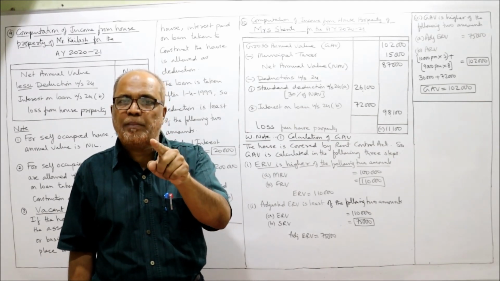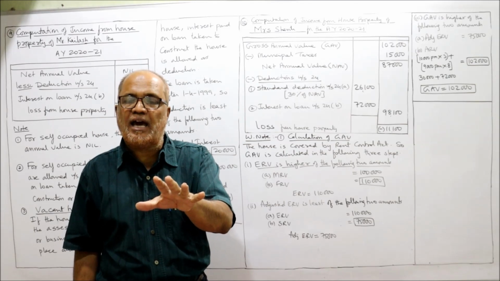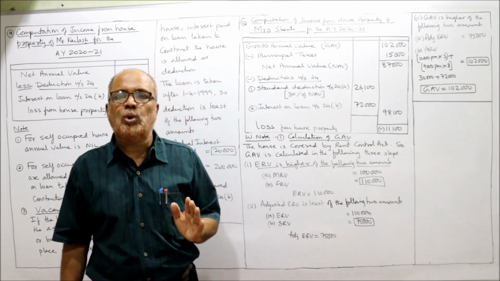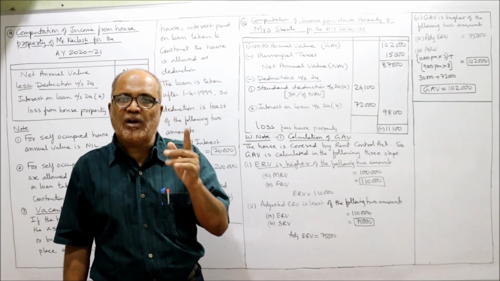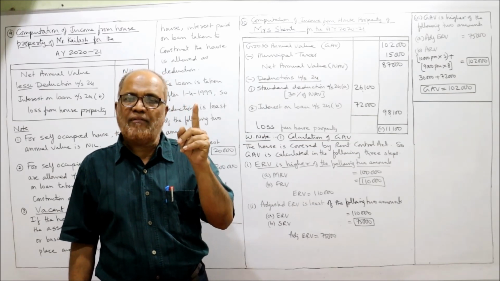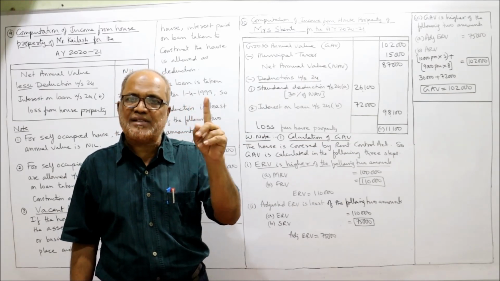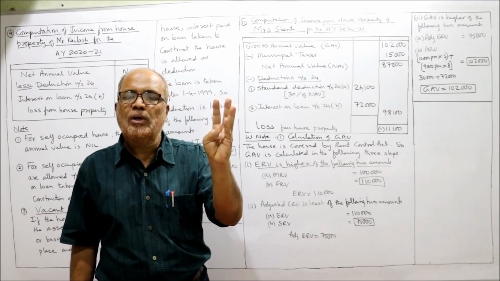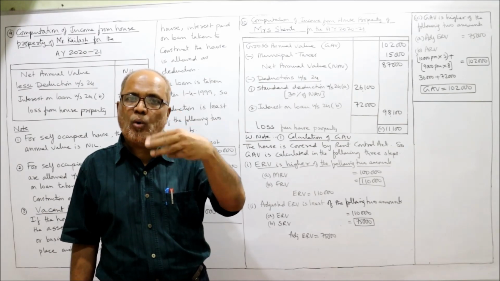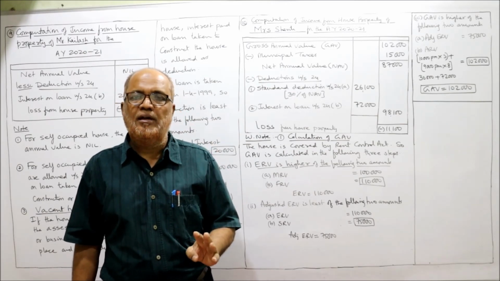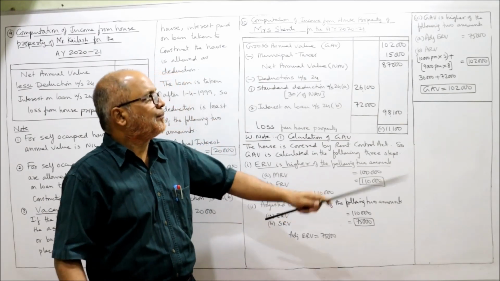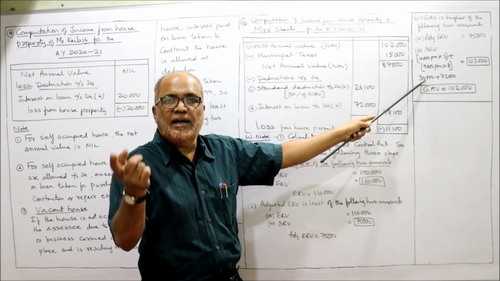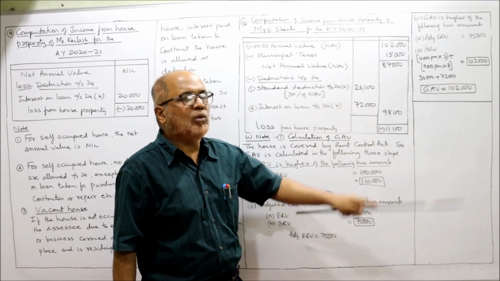She has not paid the rent of July, and she has vacated the house, so she has paid the rent up to June. Our year begins on 1st April, so our current previous year begins from 1st April. So April, May, June, these 3 months the old tenant Pavani has paid. So 10,000 into 3, 30,000. The old tenant has paid 30,000. New tenant.